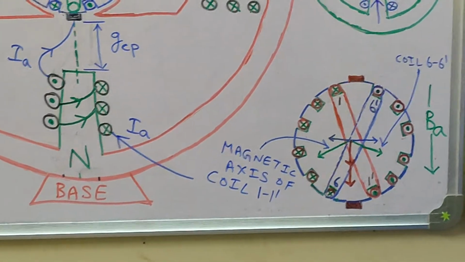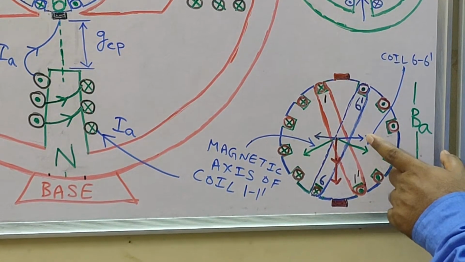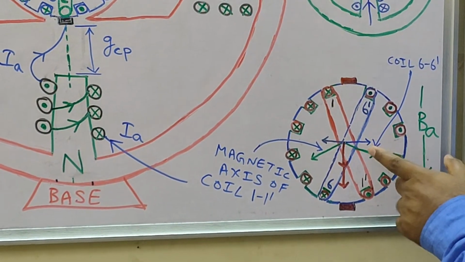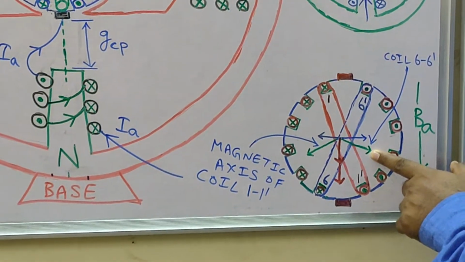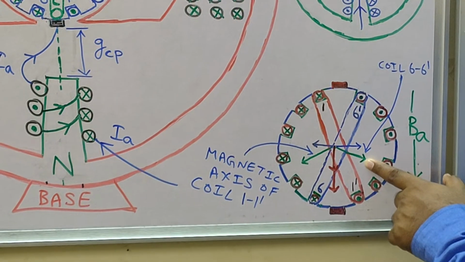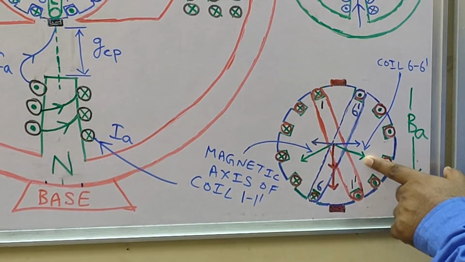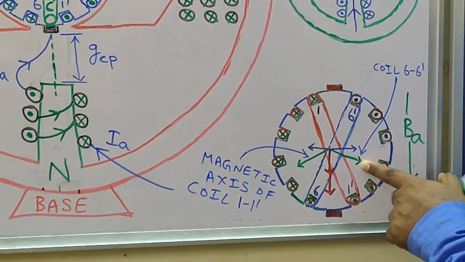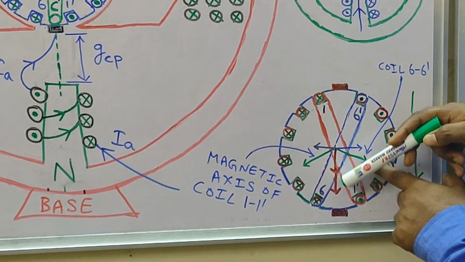The same thing is repeated for the MMF of coil 6 dash. This green color line is indicating the magnetic axis or MMF axis for coil 6 dash. The MMF of this coil 6 dash is resolved into two components. One horizontal, that is the blue color line, another vertical, that is the red color line.